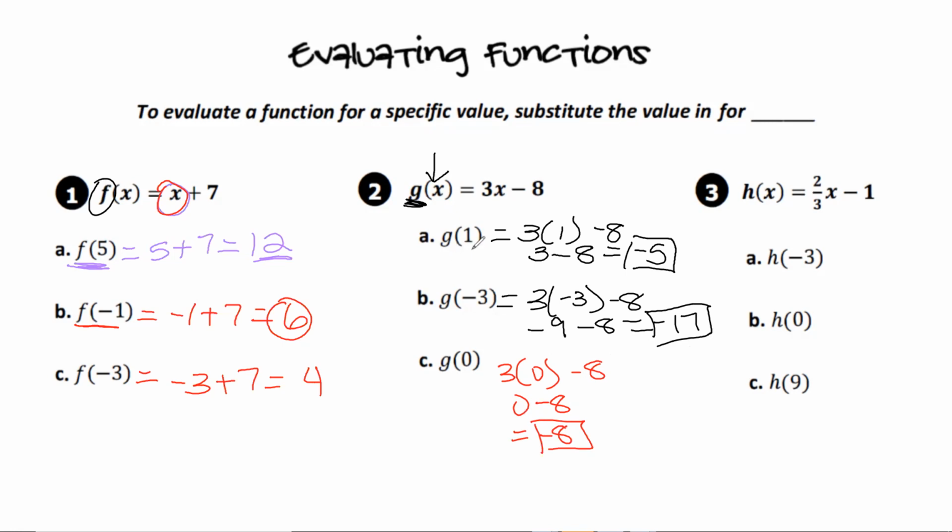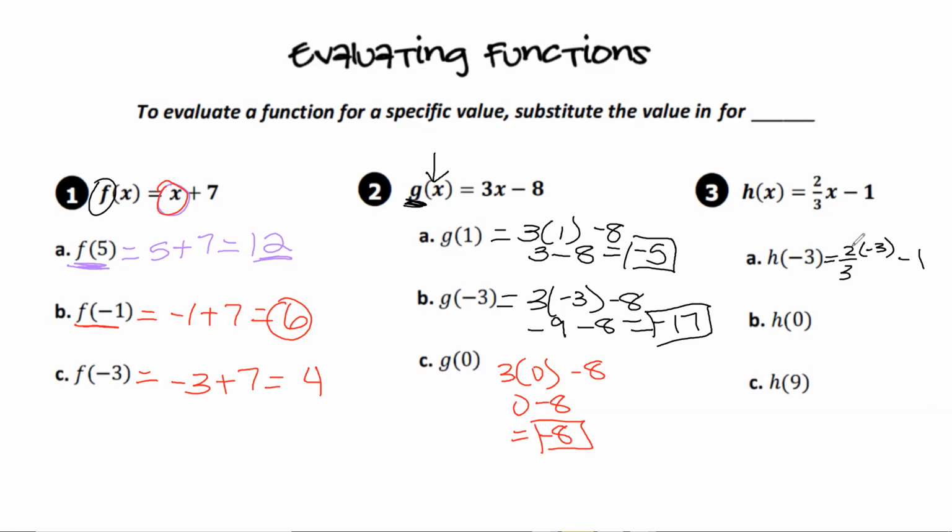The next one's a little tricky just because it has fractions. Let me make your life a little bit easier, okay? Most of y'all probably have already tried this one. We're going to take -3 and plug it in. We're going to keep that 2/3 the same, and we're going to multiply it times -3. And then we're going to subtract 1.